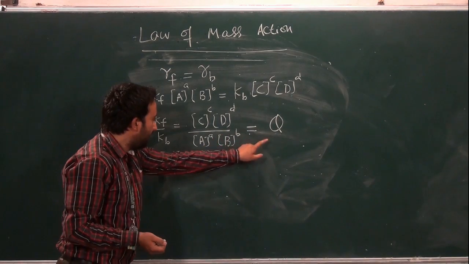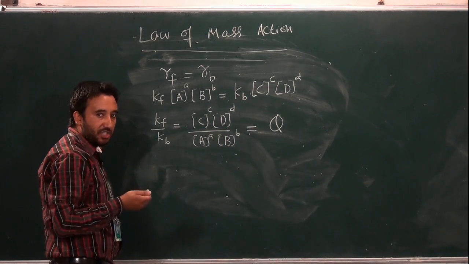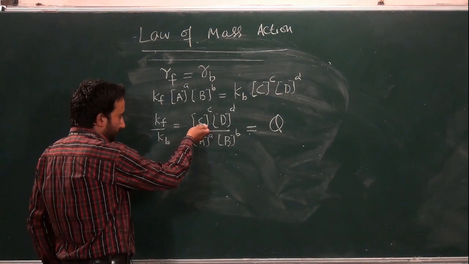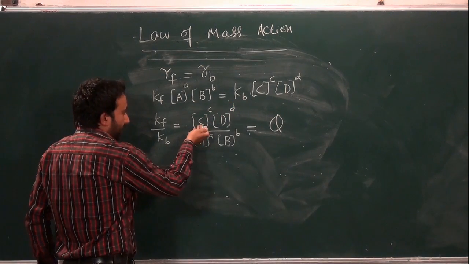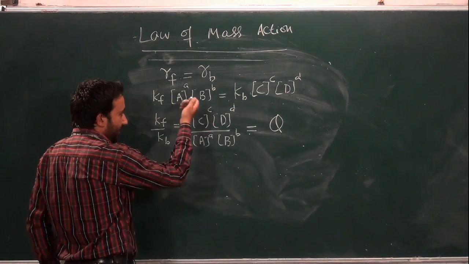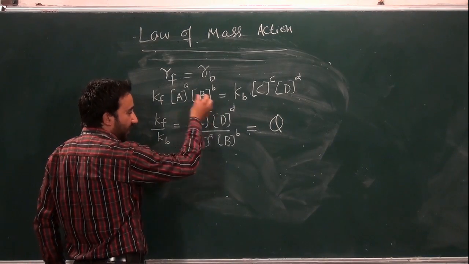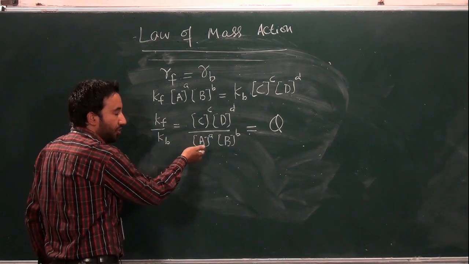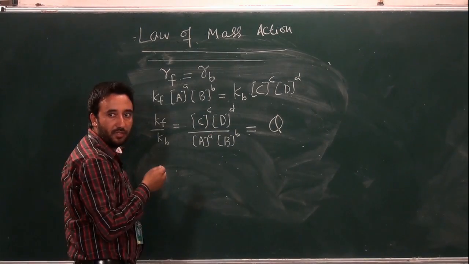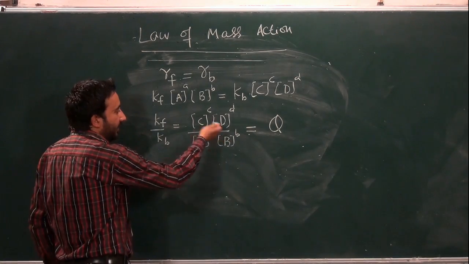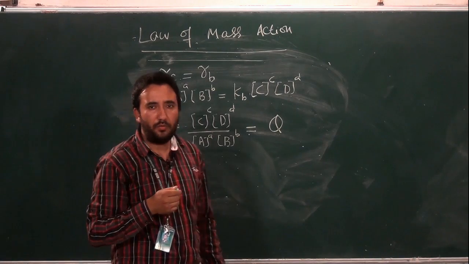So this Q is equal to the ratio of the concentration of C raised to power C, the concentration of D raised to power its stoichiometric coefficient, divided by the concentration of A raised to power its stoichiometric coefficient and the concentration of B raised to power its coefficient.